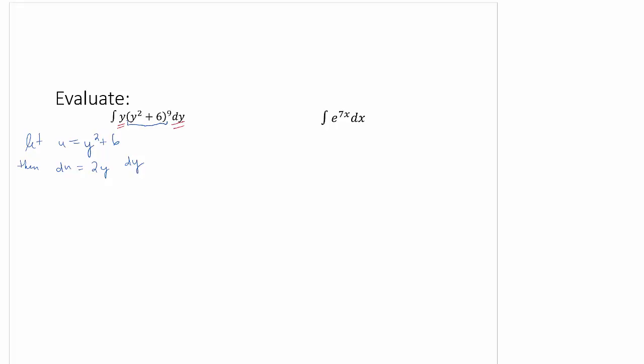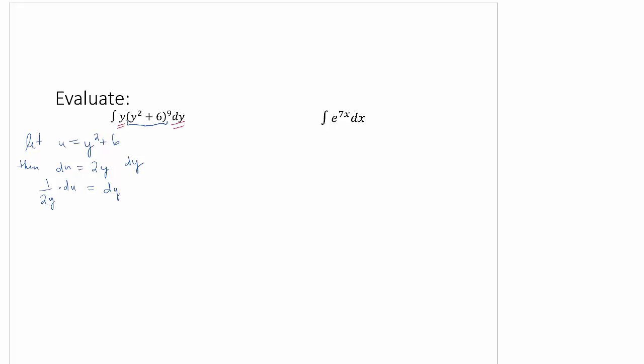Since it's not exactly 2y, it's just a y that's in the integral, one thing that you might want to do is take that statement, du equals 2y dy, and solve it for dy. So then dy would equal 1 over 2y times du.